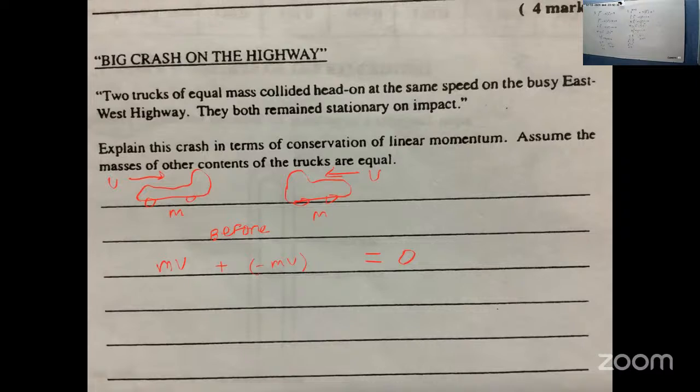So what do you expect the total momentum after to be? 0 as well. So does this make sense? If the total momentum after collision is 0, then the objects should be stationary. All right, so take this down.